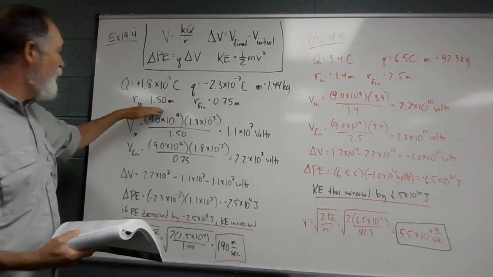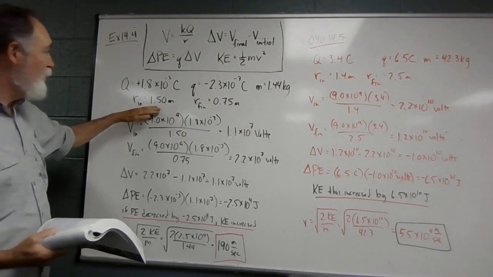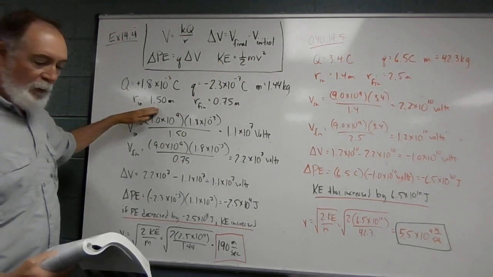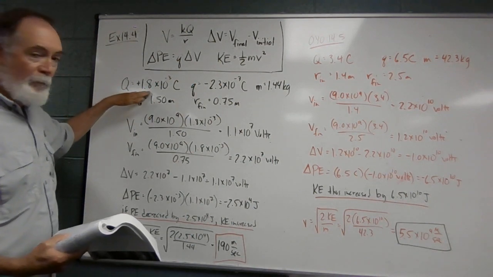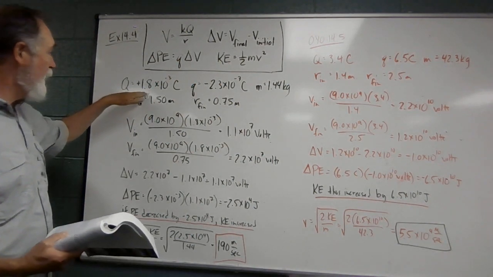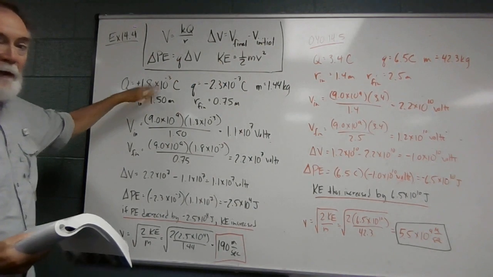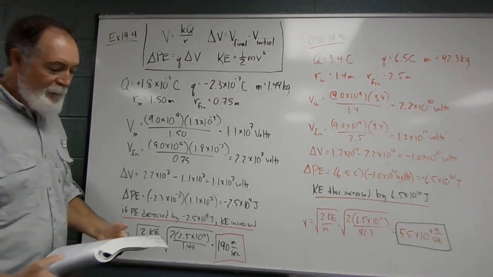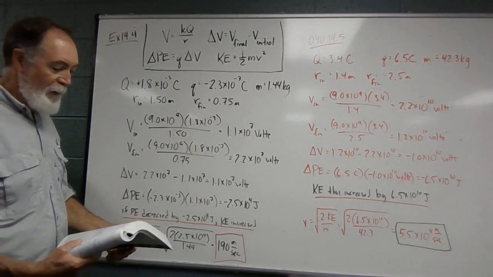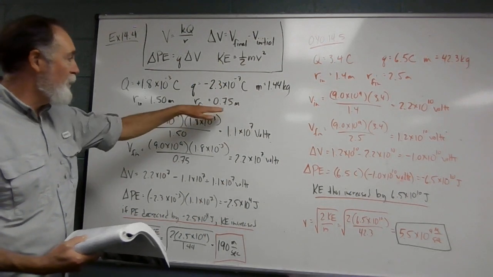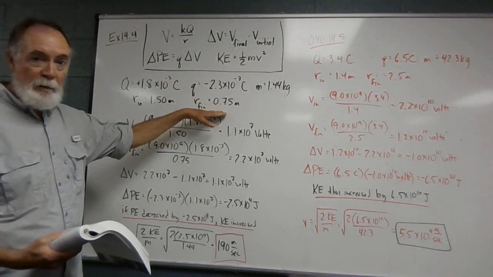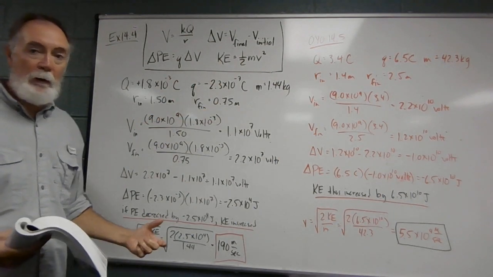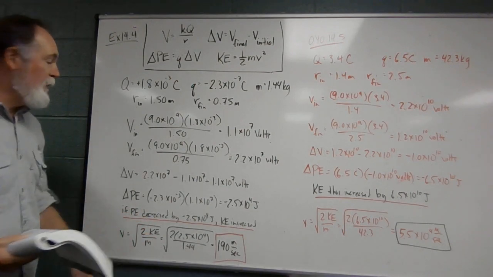And it is placed this distance, the initial distance from the stationary charge is 1.5 meters, from our stationary charge, which in this case is a positive 1.8 times 10 to the negative 3 coulombs. And it says if the particle starts at rest, how fast will it be moving if it has traveled to this final distance? Starting here, going here, how fast is that particle going to be moving given these conditions?